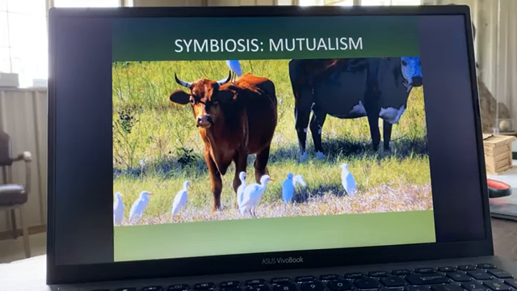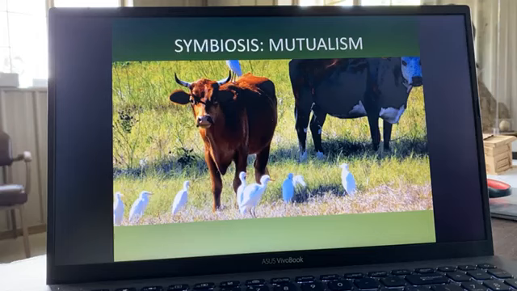Another example, so now we talk about mutualism. We have birds that are identified as tick birds in the States, particularly down in the South. We have a thing called cattle egrets. These immigrated from Africa over to South America, and then they moved up, and they've become very popular in the southern states.